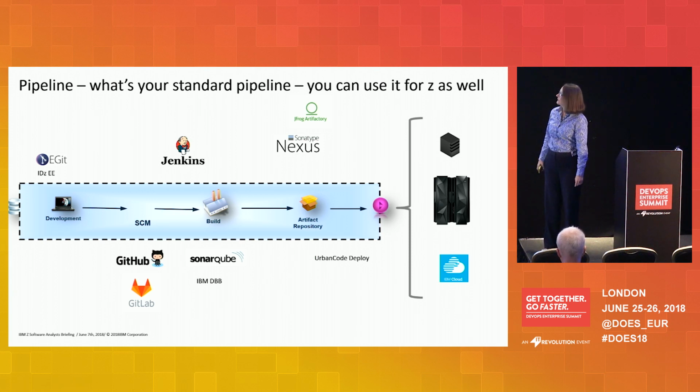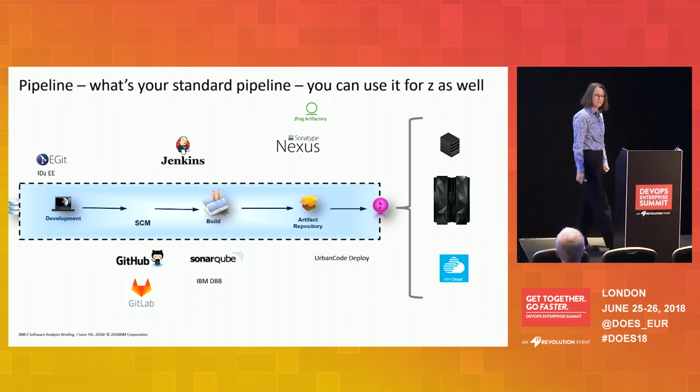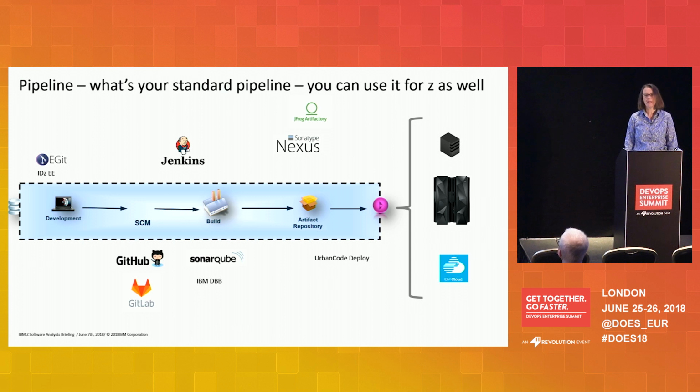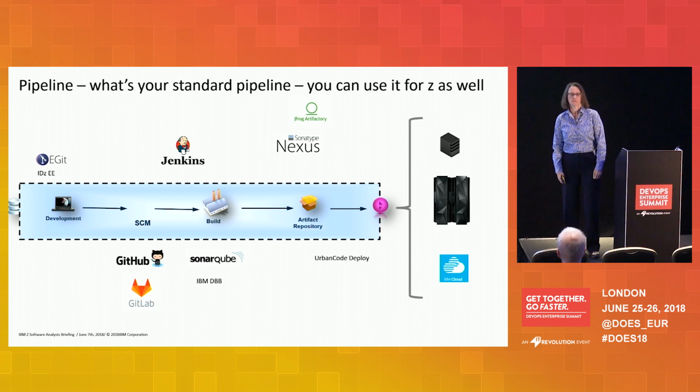You'll notice up there that I have Nexus and Artifactory. One of the last problems that we had is if you really know z/OS very well, you'll probably realize that when you create an artifact, it's a load module, and it doesn't really easily come off the z/OS environment. I'm being a little polite. It doesn't, unless you do a lot of extra work, and we know how to do it. You can XMIT it somewhere, you can do things, but it takes a lot of work.